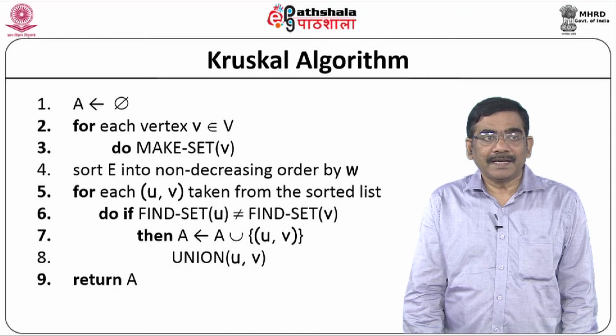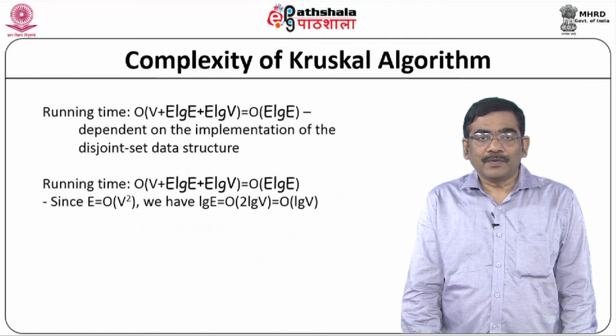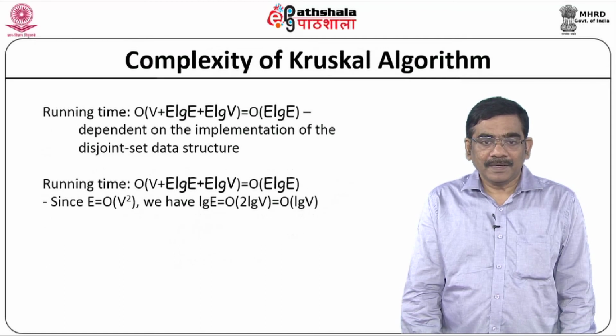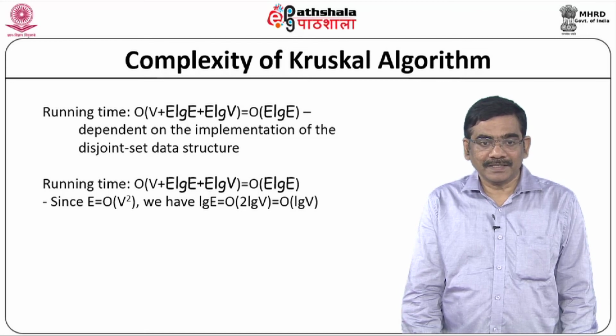Repeatedly I can iterate this. Finally, at the end of the algorithm, I have the spanning tree. So, what is the complexity of this algorithm? The complexity is dependent on the complexity of your disjoint data structure.